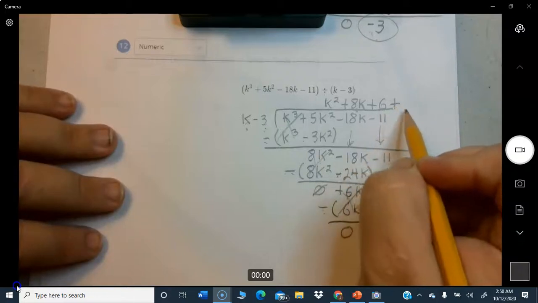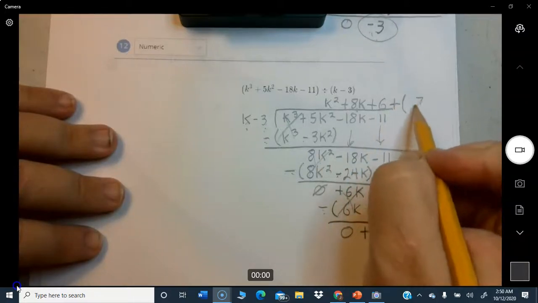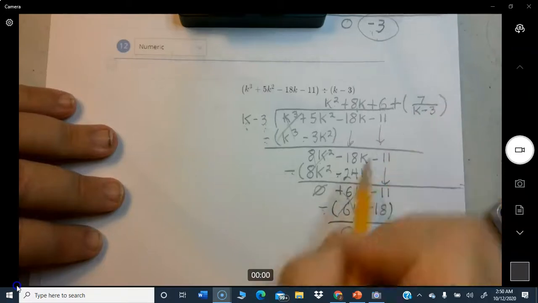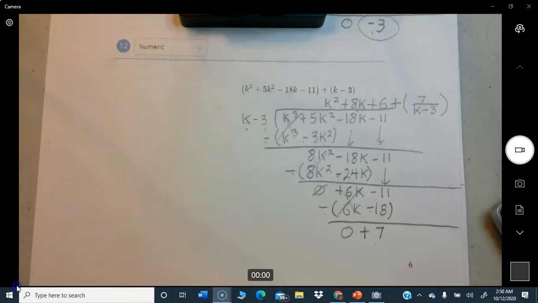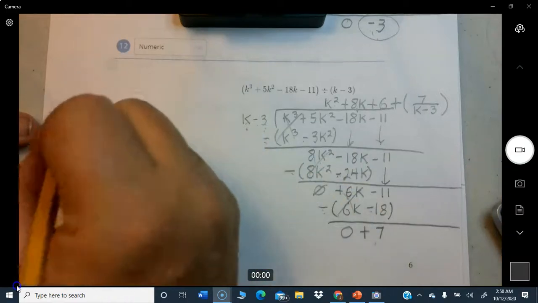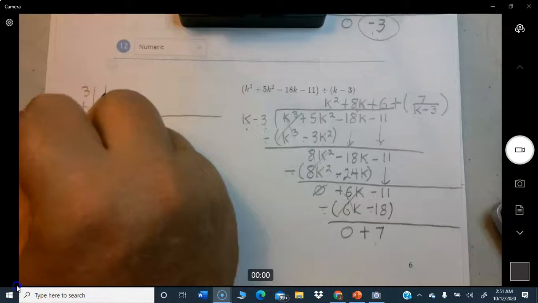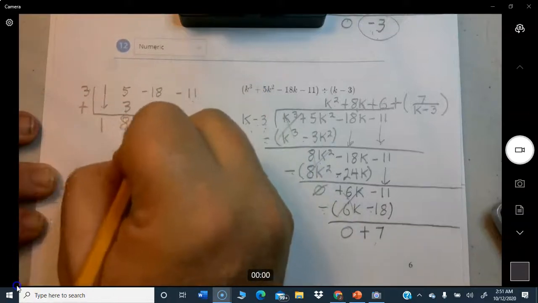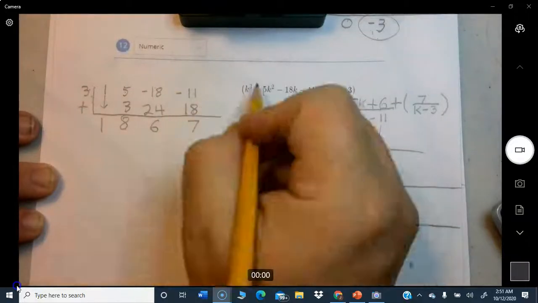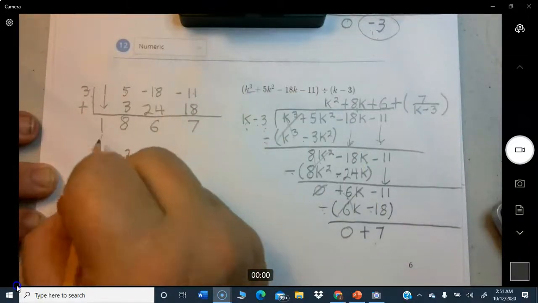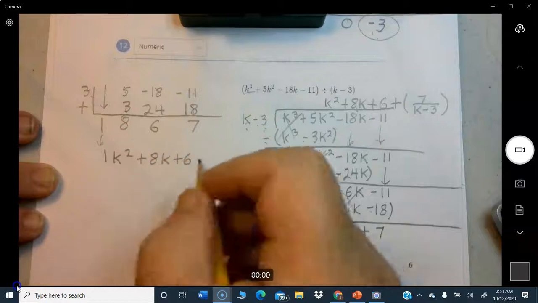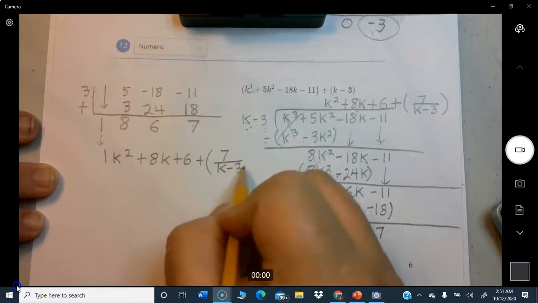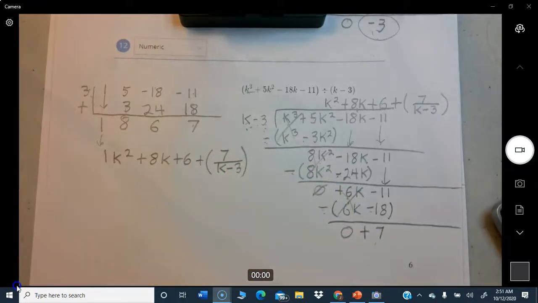So over here you put plus, and I'd still put it in parentheses, just to make it a standard way of writing it. Okay, remainder over divisor. Okay, synthetic, we change that to a positive. Bring this down. Cubic, so we make it a squared. Over, and you got to go back and get the actual divisor there. And that's that. Okay, so that takes care of that.